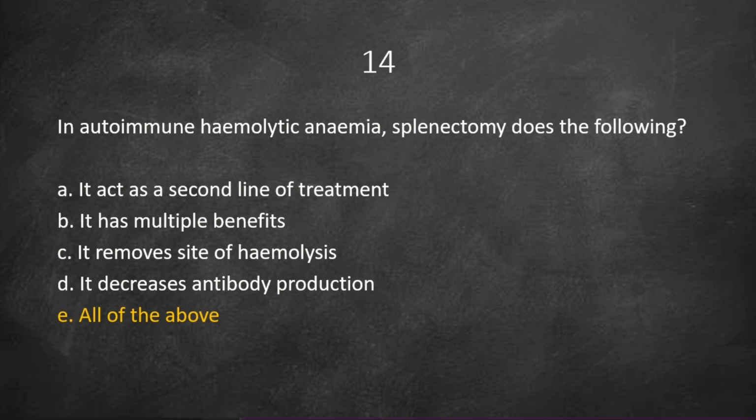When you do the splenectomy, it reduces the overall antibody levels and the production, so that the amount that will actually do the destruction is in one way or the other reduced. So all these benefits will be experienced when you do a splenectomy. So the answer for question 14 is E.